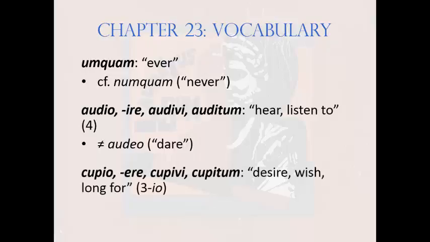The hear verb is fourth conjugation, the dare verb is second. The next word is another verb, cupio, cupere, cupivi, cupitum, meaning desire, wish, or long for. It belongs to the third io conjugation. This verb expects a complementary infinitive, desire to do something.